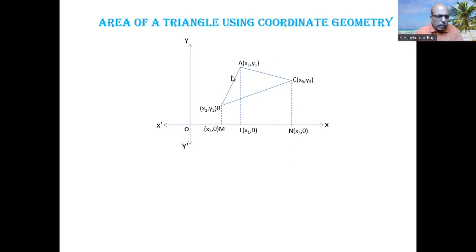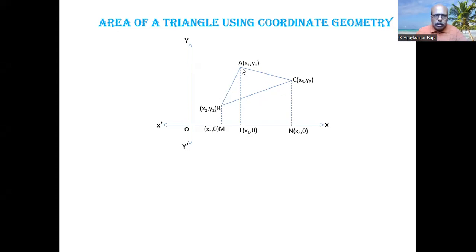So ABC is a triangle with the coordinates: A is x1, y1, B is x2, y2, C is x3, y3. You have to find the area of this triangle.